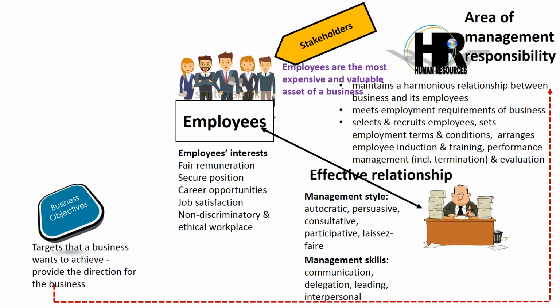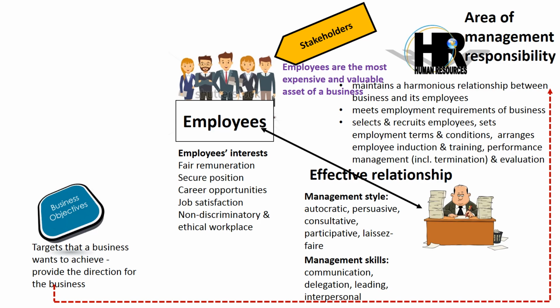One way of achieving these objectives may be to give employees better wages so as to motivate them to work harder. But the reason the Human Resources Area of Management Responsibility does this is not because it thinks that employees should be better paid, but because it thinks that this is a way to help the business achieve its business objectives.